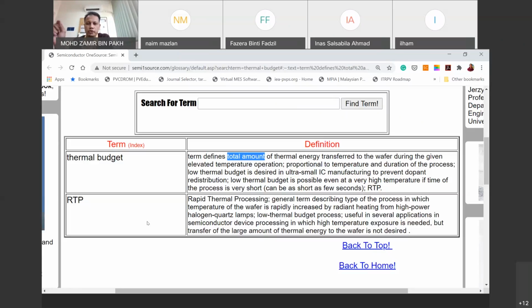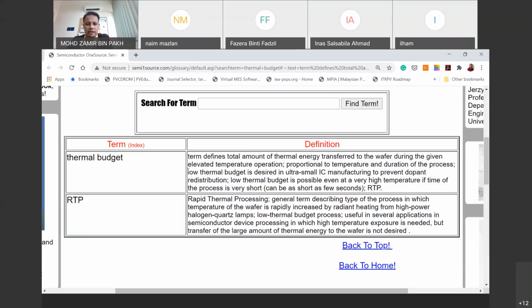It can also induce thermal budget or a bit of dopant redistribution in the profile. Proportional to temperature and duration of the process. So look at this, it's temperature and duration. So both of these will affect your DT products, right? Temperature affects the diffusivity of your dopants, and then you have some time of the process at elevated temperatures. So that will actually change your DT product to some extent.